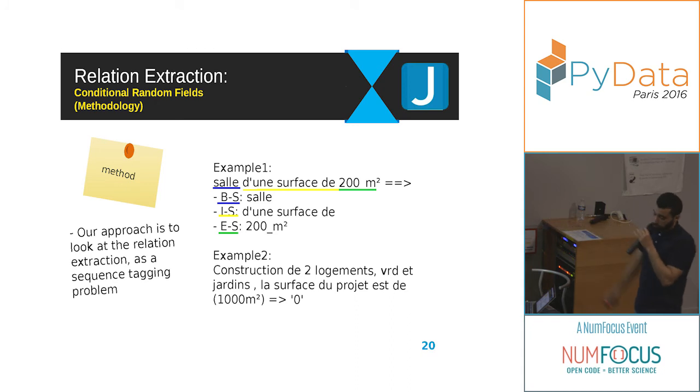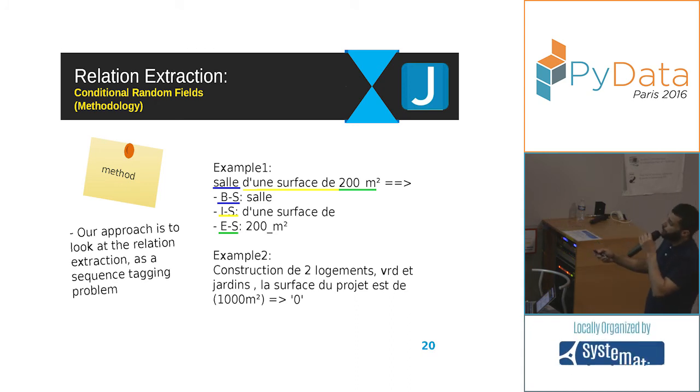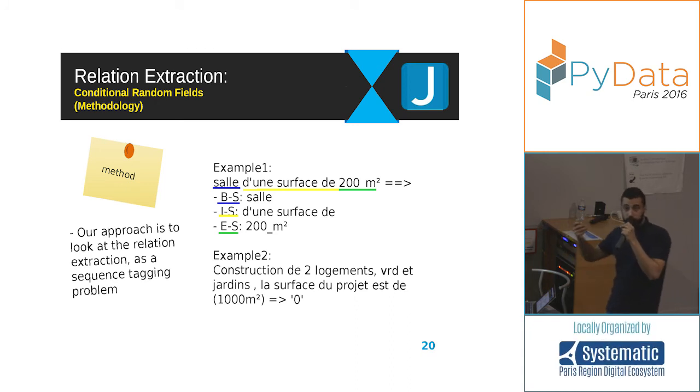This is an example. In the first example, the model should have as a result that the area of this room is 200 square meters.